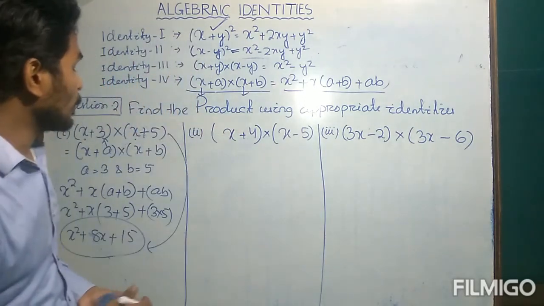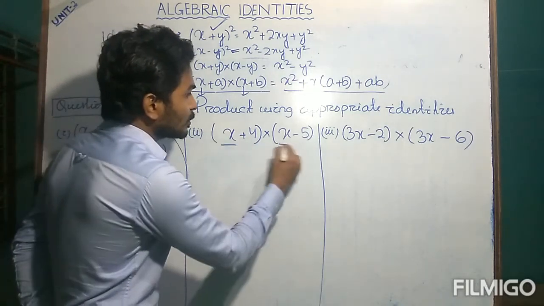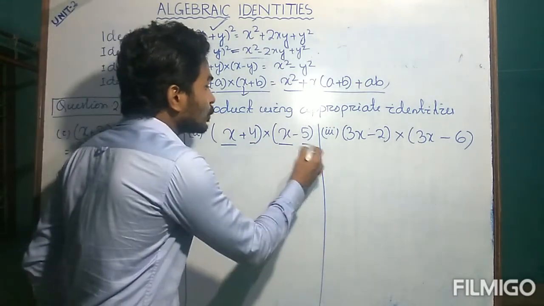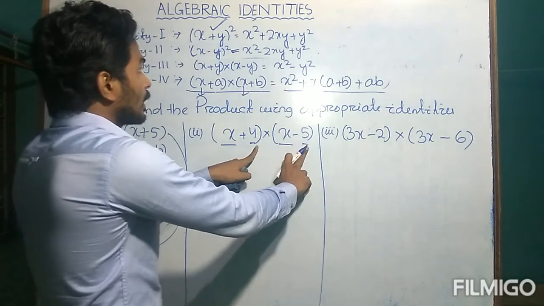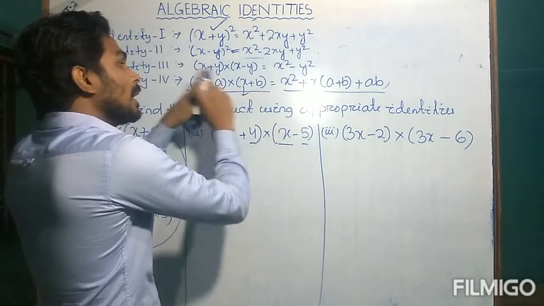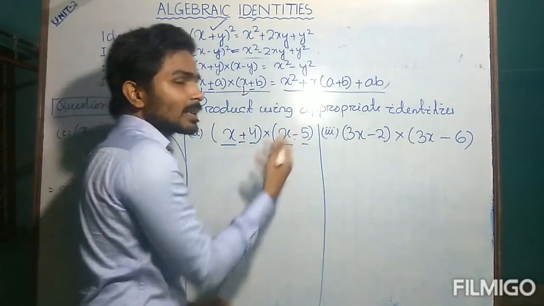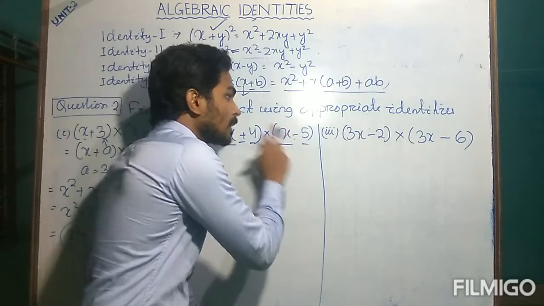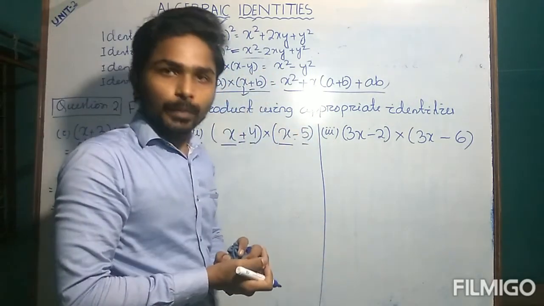Now in question number 2, here also the first two places contain x, but the second two places don't contain the same number. They are different numbers. Here it is plus, but here it is minus. So we first have to make it plus, so that this product resembles identity 4.